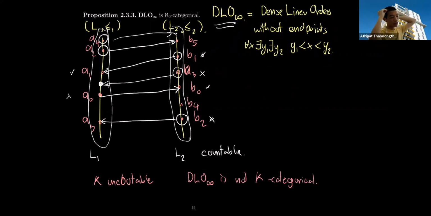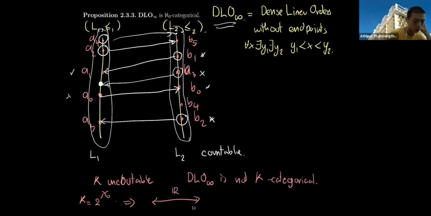Okay, so that's what we have, and the easiest idea is when kappa is equal to the cardinality of the reals, which is 2 to the Aleph-naught. Here you can consider this guy. You can have the reals, right? So the reals is an example of DLO infinity, right?